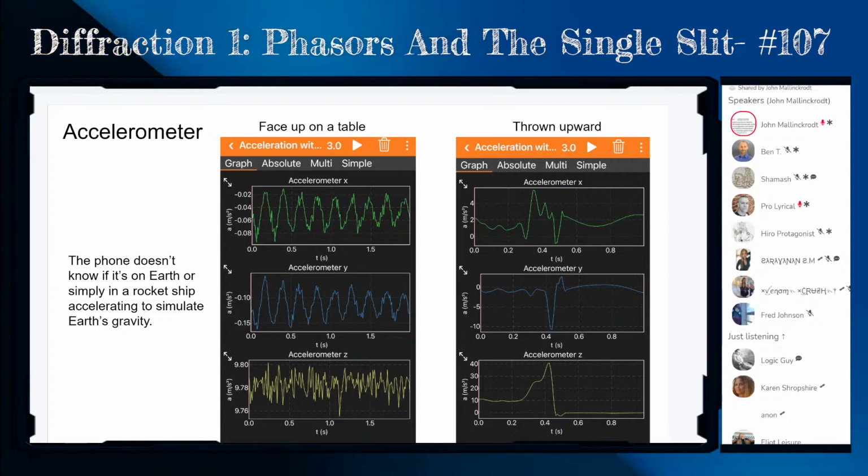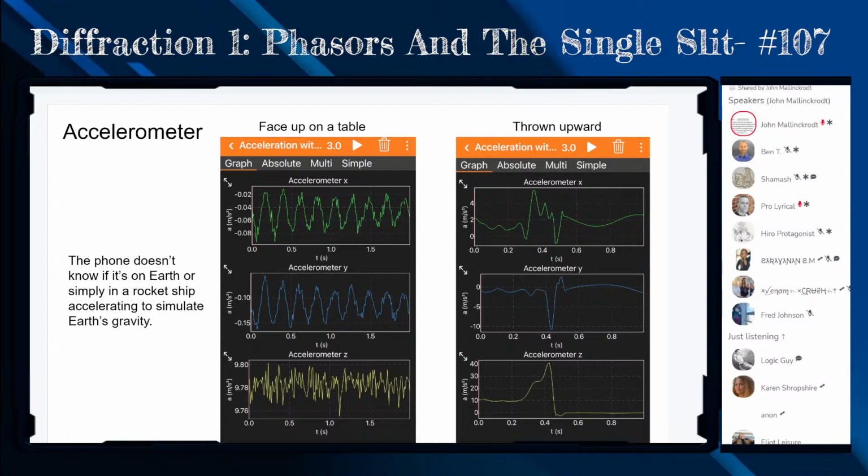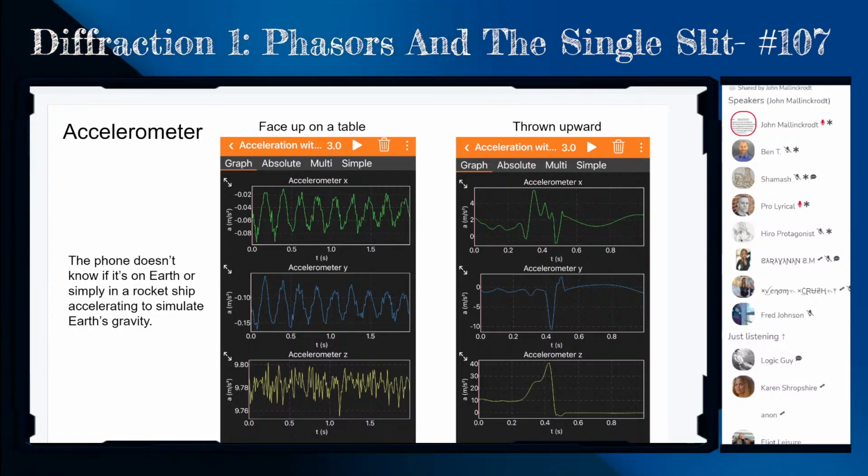You'll notice, first of all, that the Z accelerometer once again started out at about plus 10 meters per second squared. The X and Y are closer to 0, but I was holding it in my hand, so I wasn't holding it perfectly steady, and I was anticipating throwing it up in the air in a half second. So it's a little noisy there, but then you can see me throwing it up.